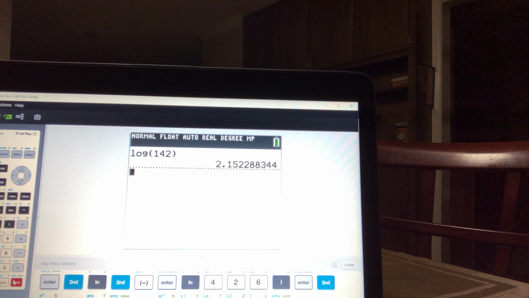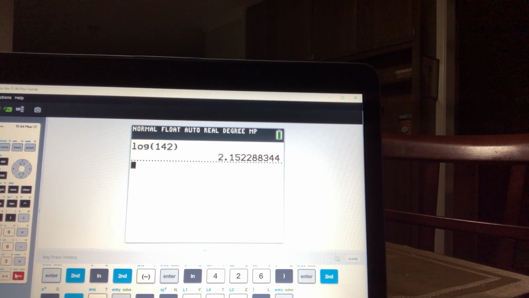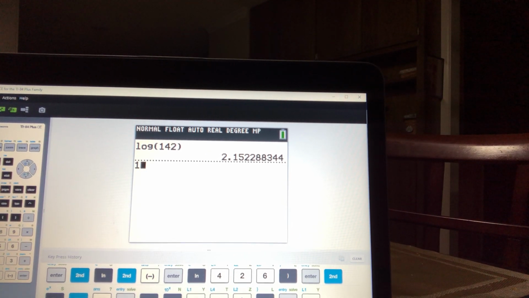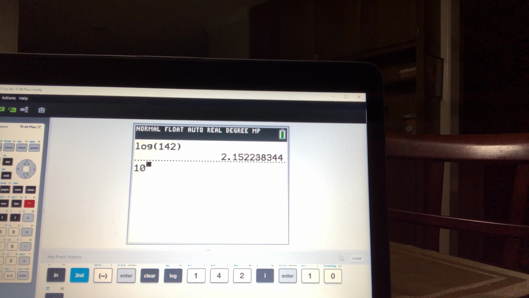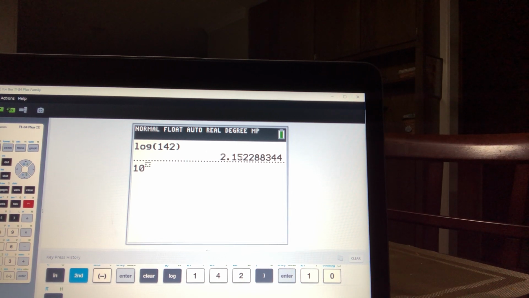Now I don't want you to just press buttons on the calculator and not understand what you're doing. That's never a good thing. So I want to remind you that when you find a logarithm, you're figuring out what power of 10 will give you the number that you started with. So try it. If I took 10 and raised it to the power of this number, I should have the number I started with. Rather than rounding this number or typing it all in, I want to just use the entire answer.